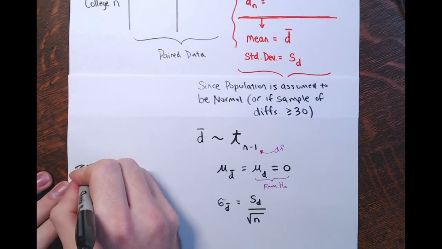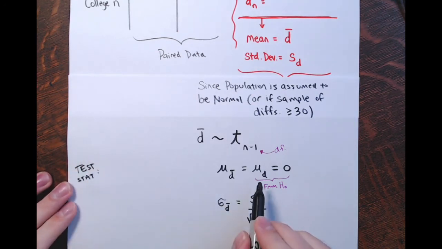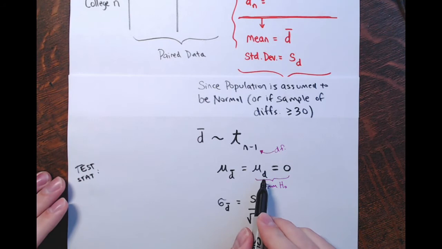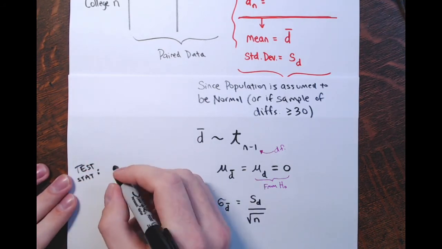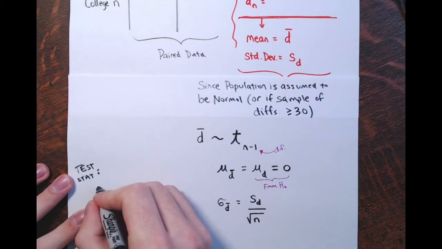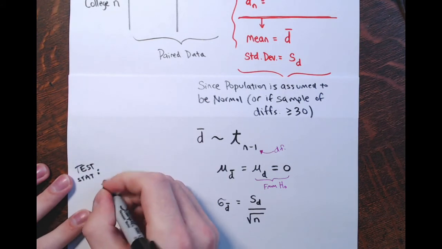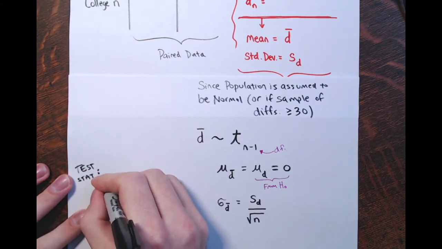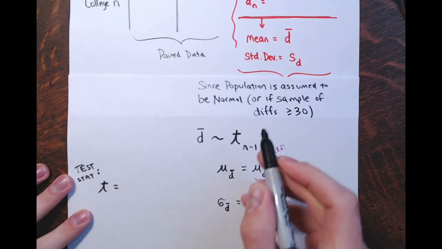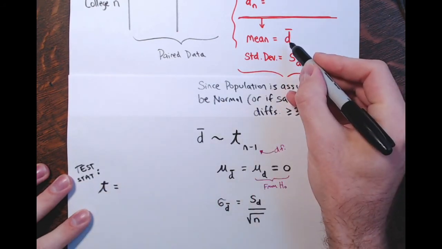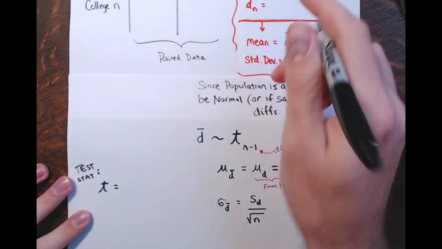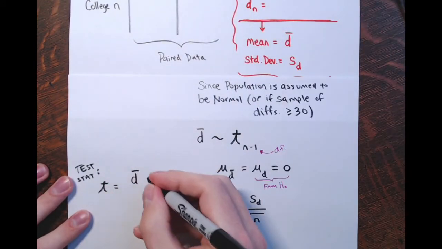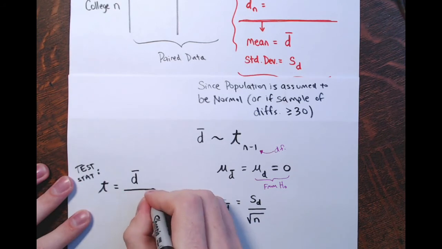So then our test statistic for a test about mu d, a test about the mean difference for the population for all colleges, would be a t-score. It's going to be the sample mean that you got, the mean of this sample of differences, d bar, in the numerator minus mu d.